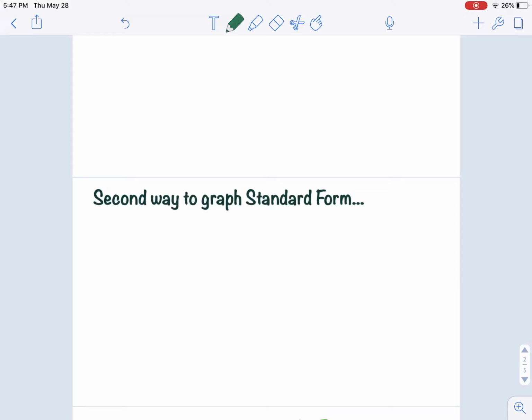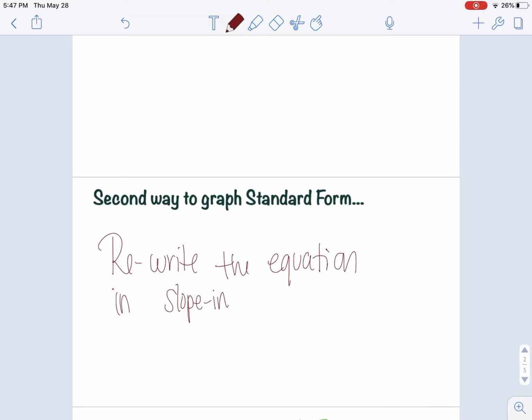And the second way to graph standard form is to rewrite the equation in slope-intercept form. It's actually very simple. We discussed last class why standard form is important, because when we have standard form, all of the solutions to the equation actually give us possible combinations in a real world scenario with a given total.